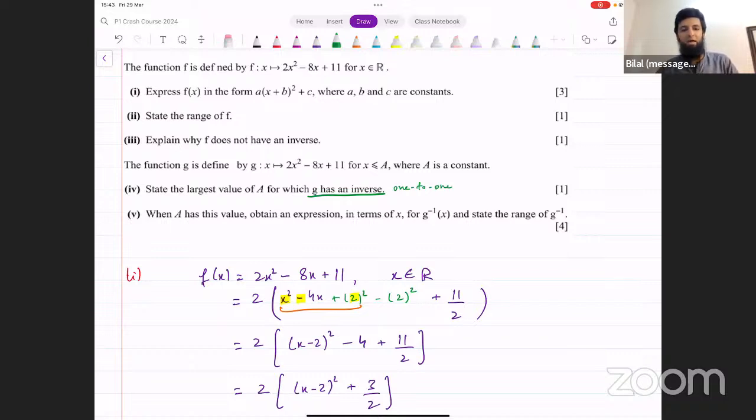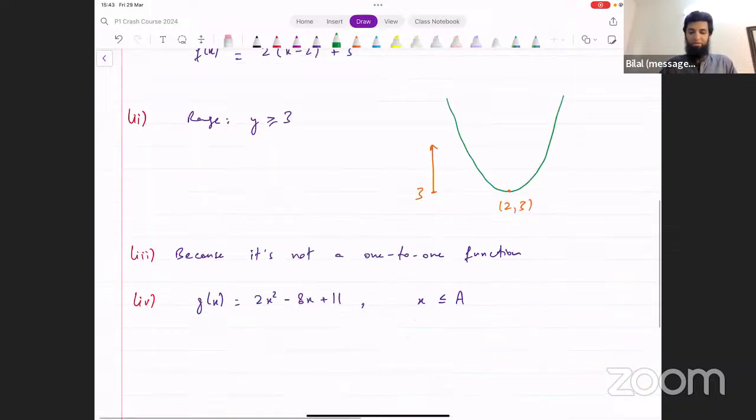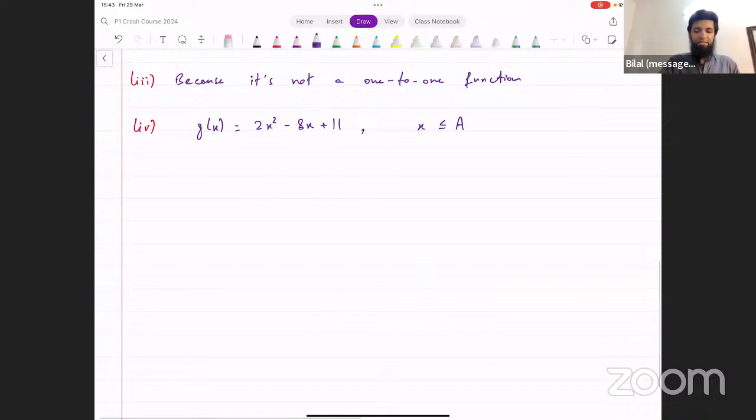So they are basically asking us, what's the largest value of a for which g would be a one-to-one function? Now let's think about this. It's again that same curve, right? The expression is the same, so it's the same curve. The curve looks like this, a U-shaped graph.